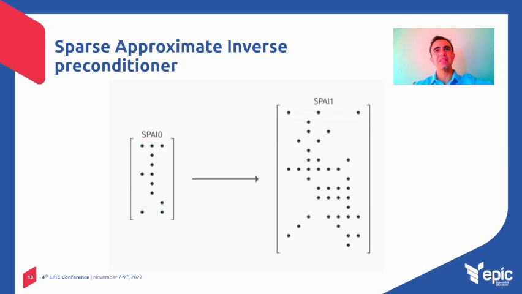We can enhance the quality of this preconditioner by adopting the sparse dependent of the square of our original matrix. If we do this, we end up with the SPAI1 preconditioner, as illustrated here. The submatrices for the SPAI1 preconditioner are larger, so the least squares problems are tougher to solve, but the quality of the preconditioner is better.